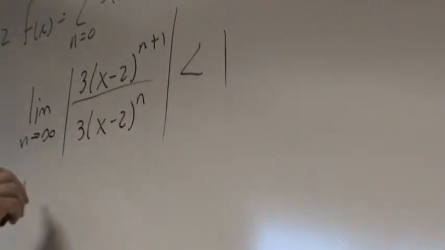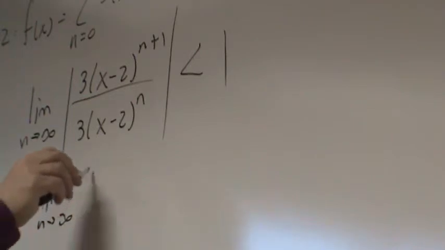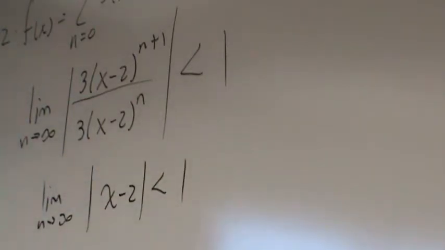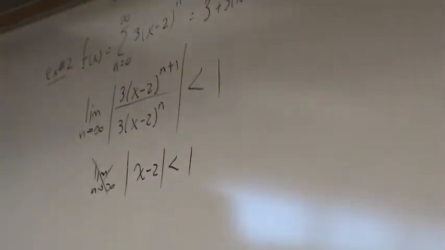Are you guys okay that I get the limit as n approaches infinity of just absolute value of x minus 2? Everything else canceled. So, are you okay that I don't need that anymore because I got no more n's? I don't care that n goes to infinity, I got no n's.